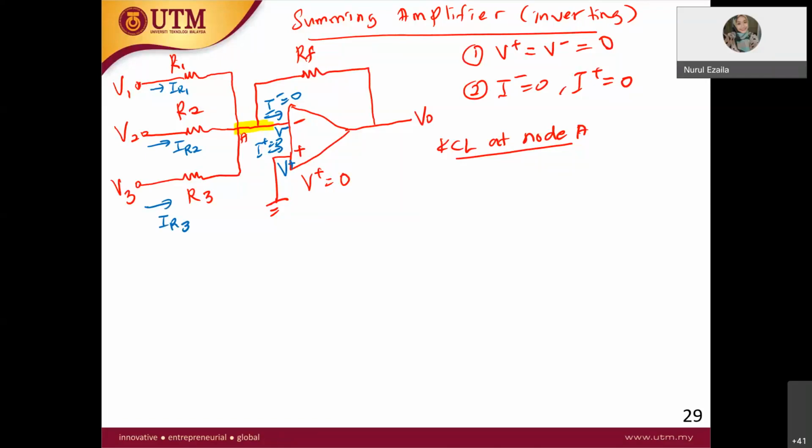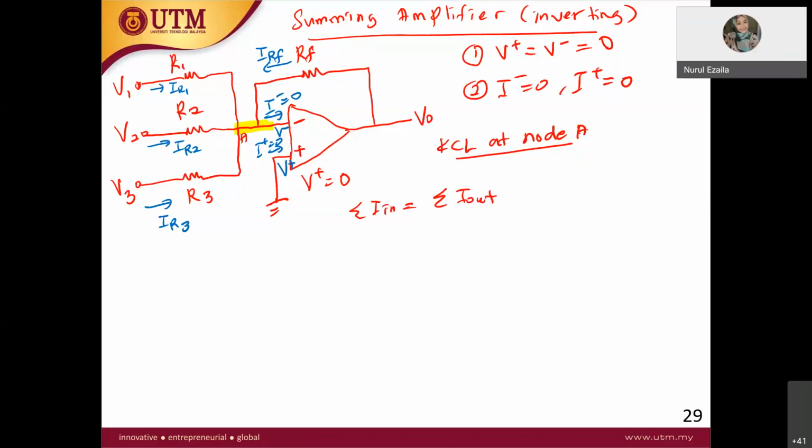Not to forget, you have IRF, the feedback. So now the KCL at node A. KCL means the total current in is equal to the total current out.